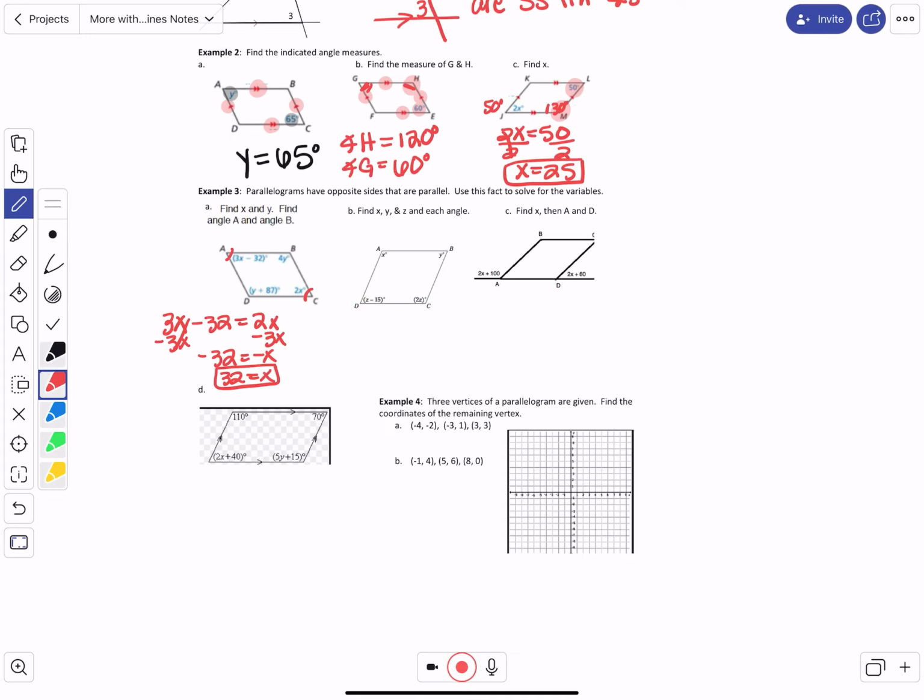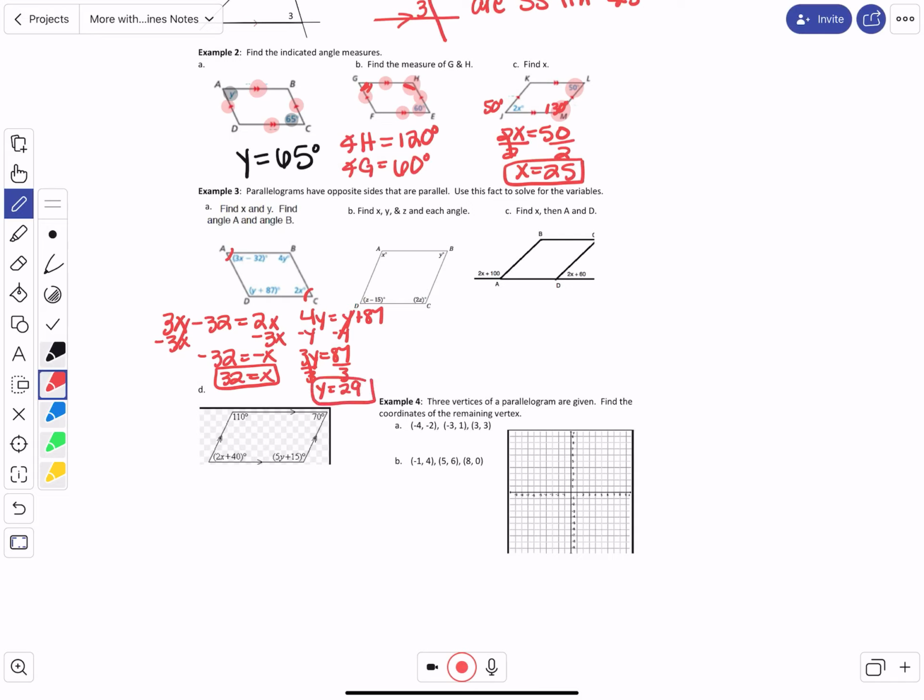Then let's go ahead and find y. We can do 4y equals y plus 87. If I subtract y, we'll get 3y equals 87. We'll divide by 3.